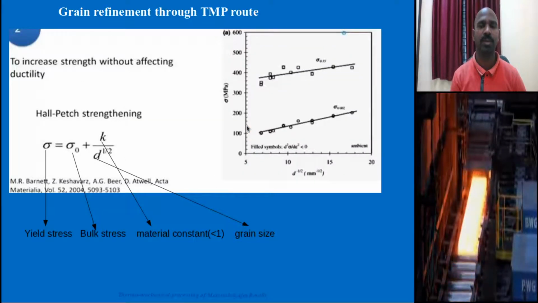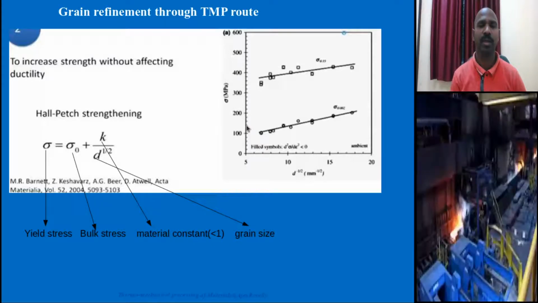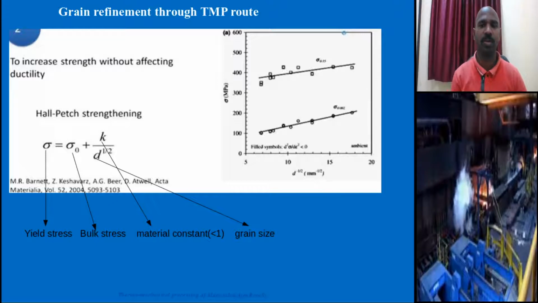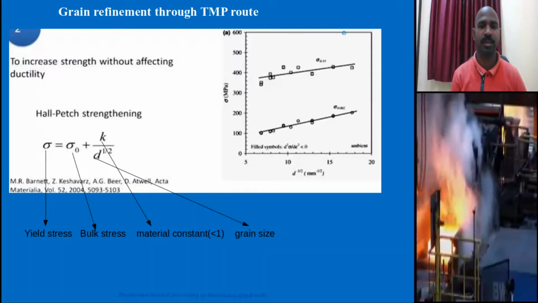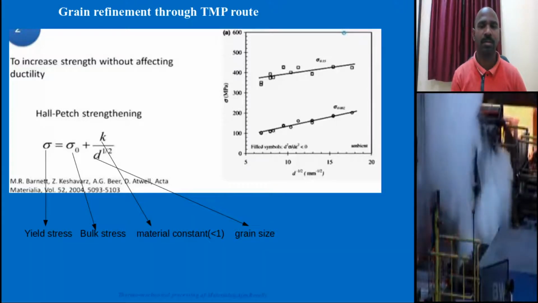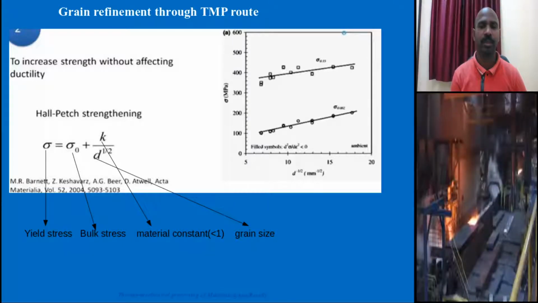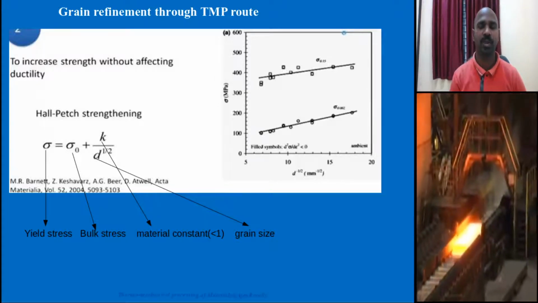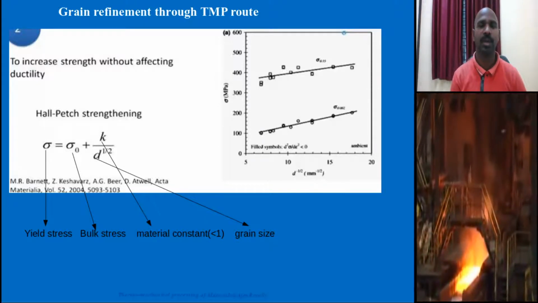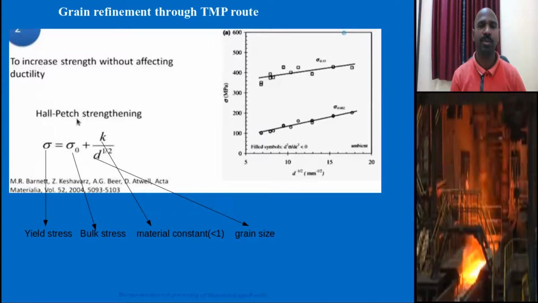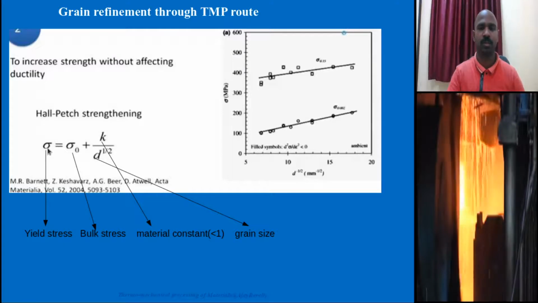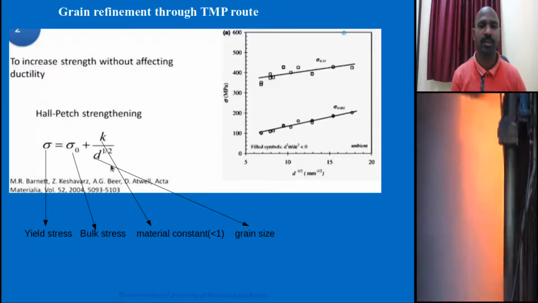Now let us understand the concept of grain refinement through the TMP route. How does the grain refinement occur? So larger grain to smaller grain, is it only because of the applied stresses? Are there any other parameters it depends on? The scientists Hall and Petch developed a relation between yield stress and grain size.